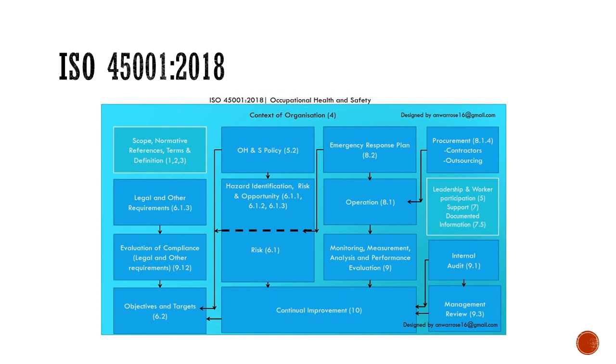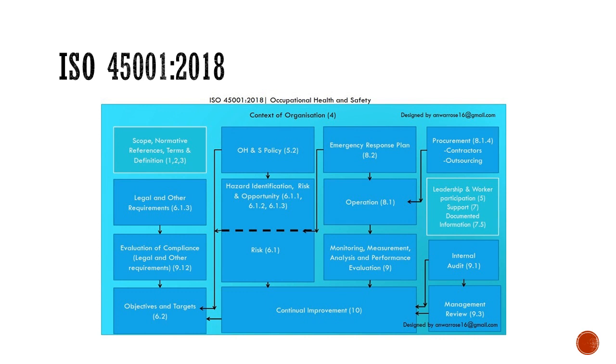Now let's understand what the inputs to continual improvement are, apart from policies, risk and hazard identification. The first one is monitoring, measurement, analysis and performance evaluation as per clause 9. The operation itself gives inputs for continual improvement, which is 8.1, and the emergency response plan as per clause 8.2 also leads to risk identification and gives an input in formulation of objectives and targets.